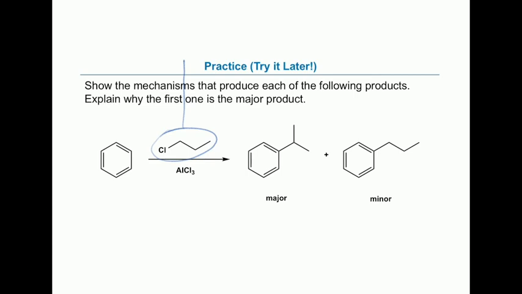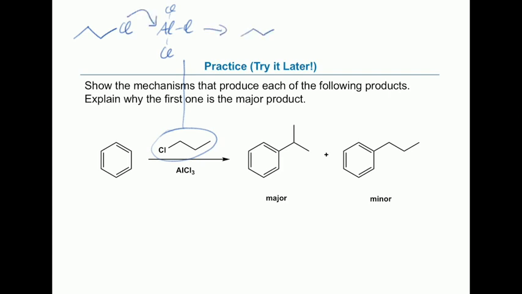So we would draw that out as our alkyl halide, in this case, chloropropane, and we have our aluminum trichloride. So we're getting a Lewis acid connection here.